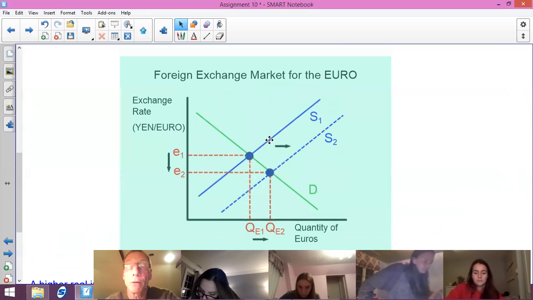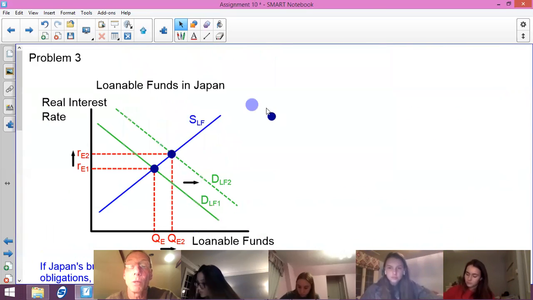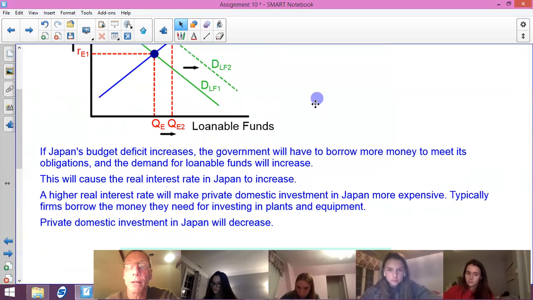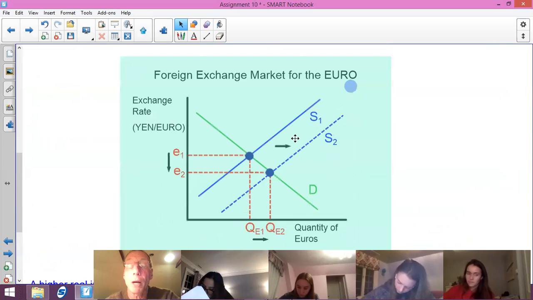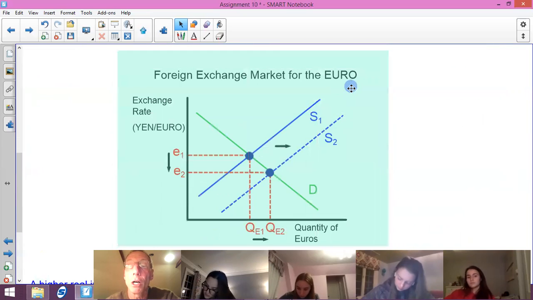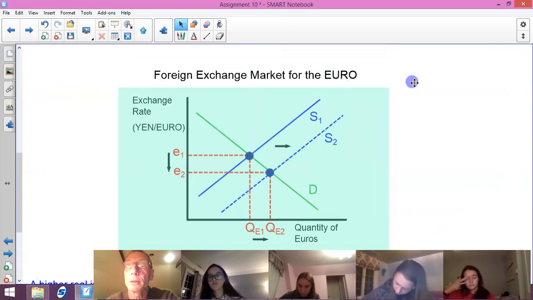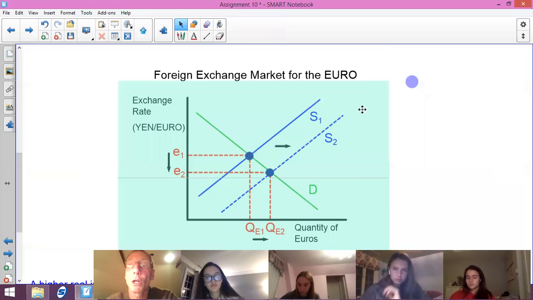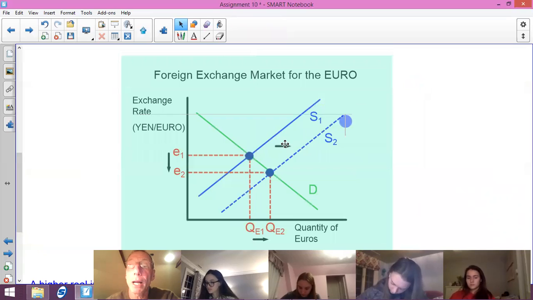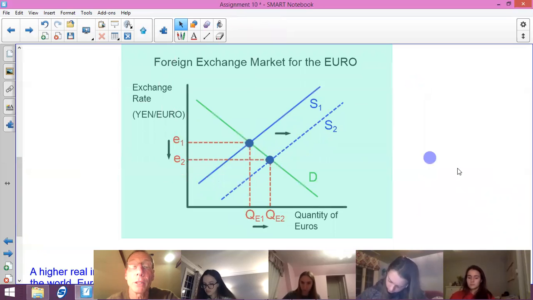So that means the supply of euros in the foreign exchange market will go up, or shift right, which means the value of the euro will go down relative to the yen.